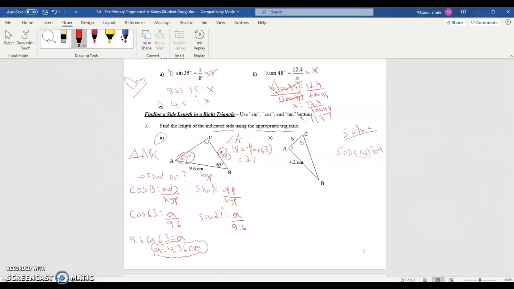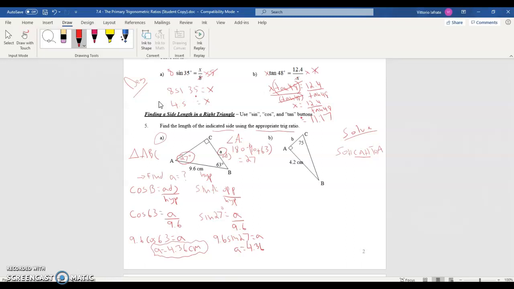And so when you solve for A, you would get 9.6 sine 27 is equal to A. And if you put that in your calculator, so you would get 9.6 times sine, make sure it's in degrees, 27, and we get 4.36.